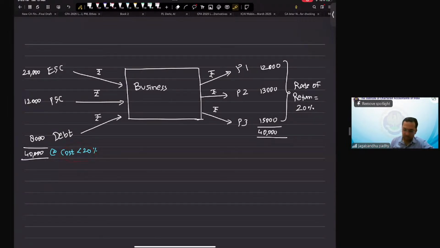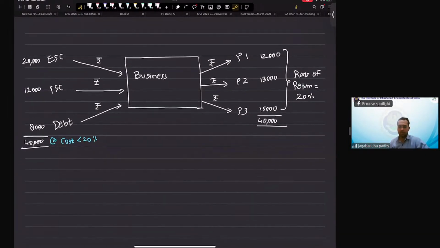Now, in this chapter, we are going to understand how to measure the cost of capital. Then we'll have a chapter of investment decisions, in which we're going to discuss how to measure this rate of return.